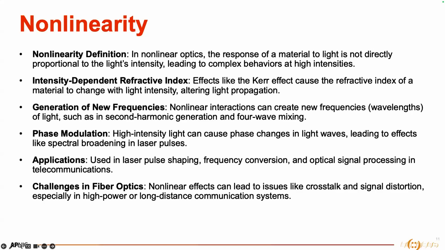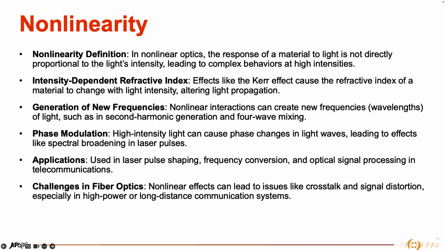There can be self-phase modulation because of the intensity of the light at the receiving end. It can change its phase. The phase of the source which was actually transmitted and the phase of the received light will be different because of the intensity of the light and because of its effect in the media while it was traversing through the media.